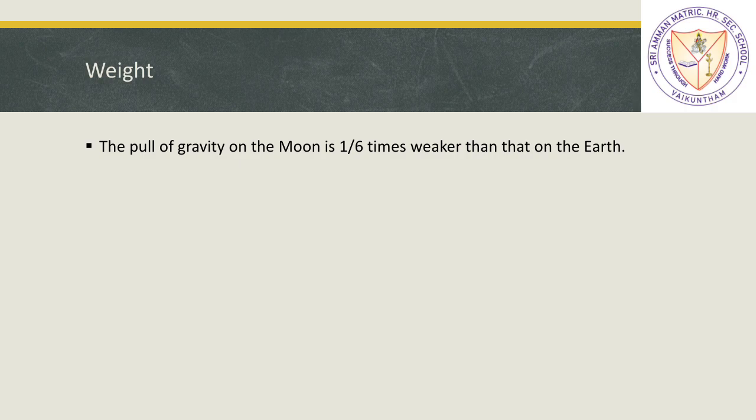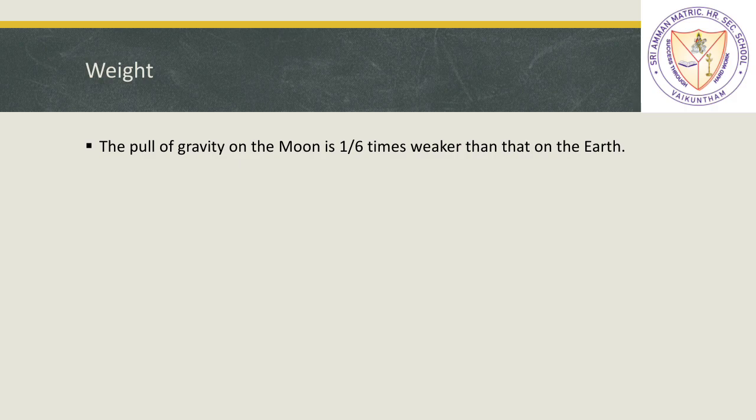I said on the moon the value of g will be different, hence the weight will differ. So how much is it? The pull of gravity on the moon is 1/6 times weaker than that of the Earth.